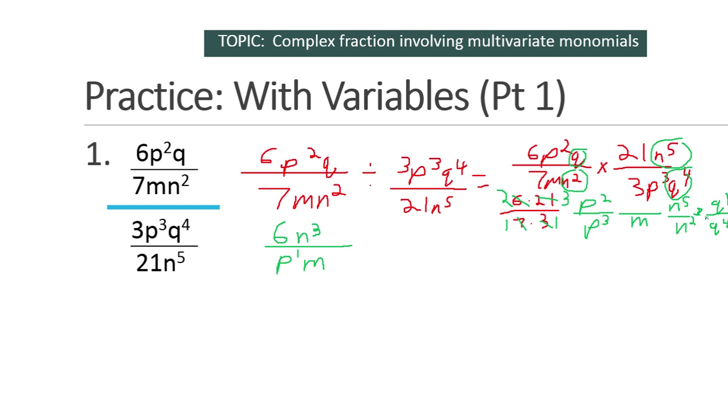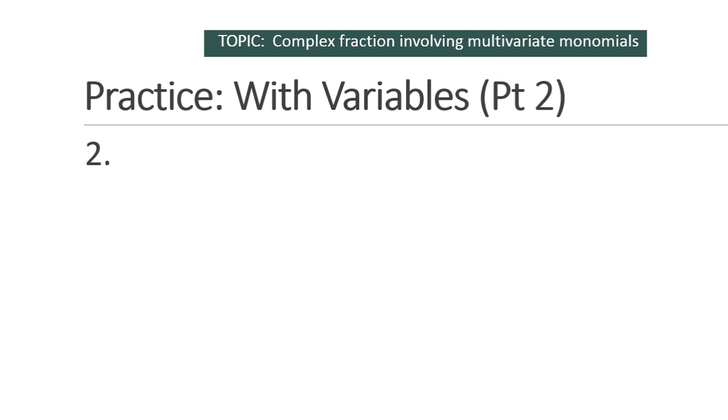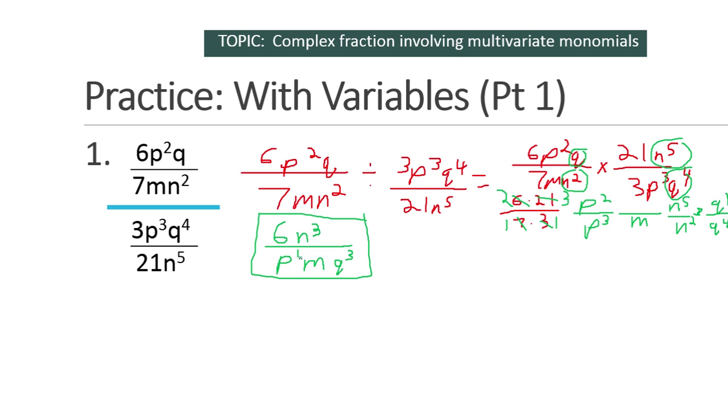Is that going to be on the top or bottom? Which has more? The bottom. So this is going to be q to the third. And so that's your answer. 6n to the third over pmq to the third. Okay, good job.